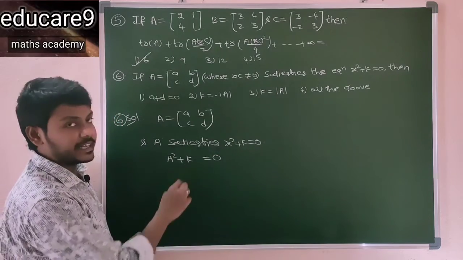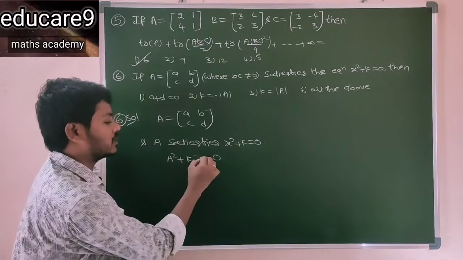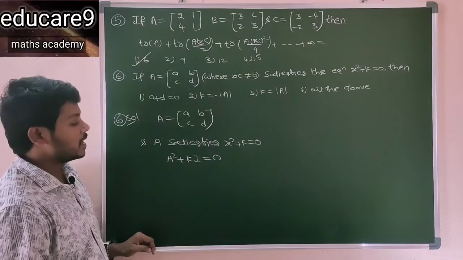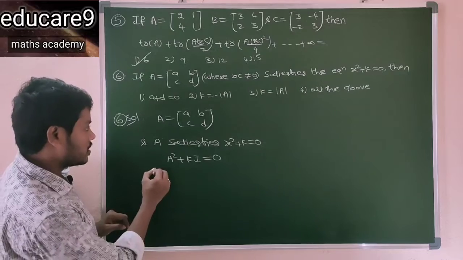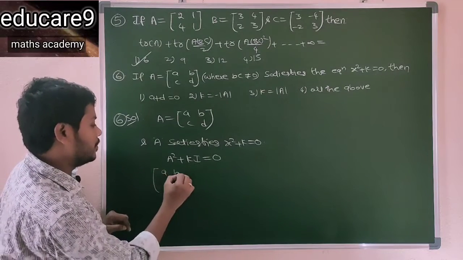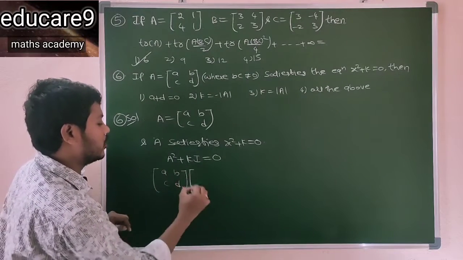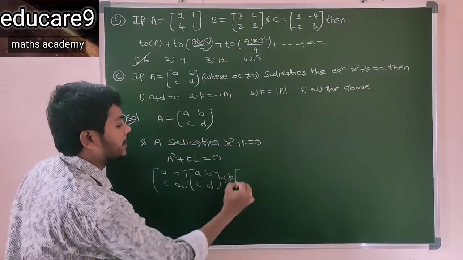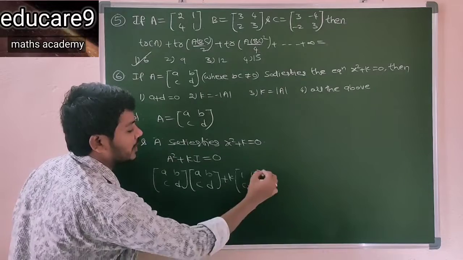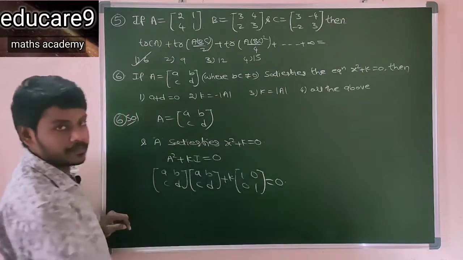So this k can be written as k times the identity matrix. Now find A square, that is [a, b; c, d] times [a, b; c, d]. So A square plus k times the identity matrix [1, 0; 0, 1] equals 0.